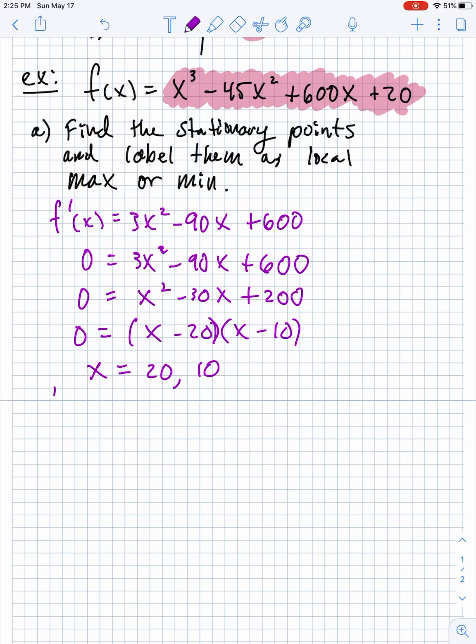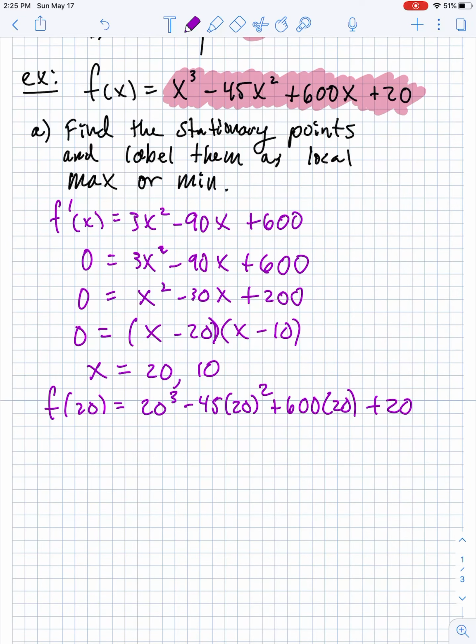So f of 20 equals 20 cubed minus 45 times 20 squared, forgot the square, my bad, plus 600 times 20 plus 20.